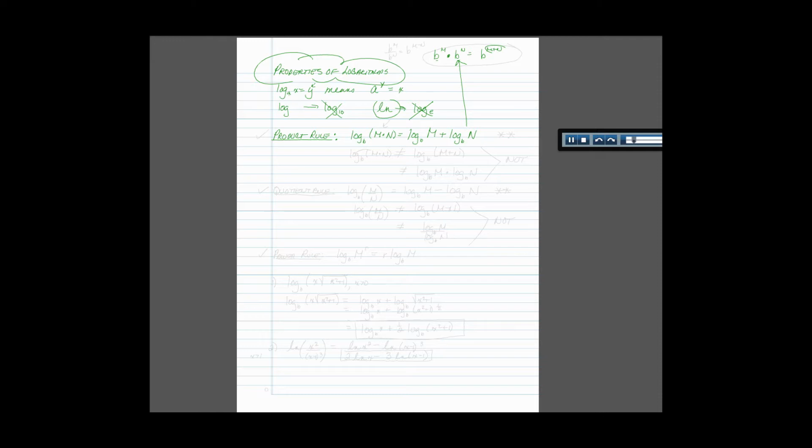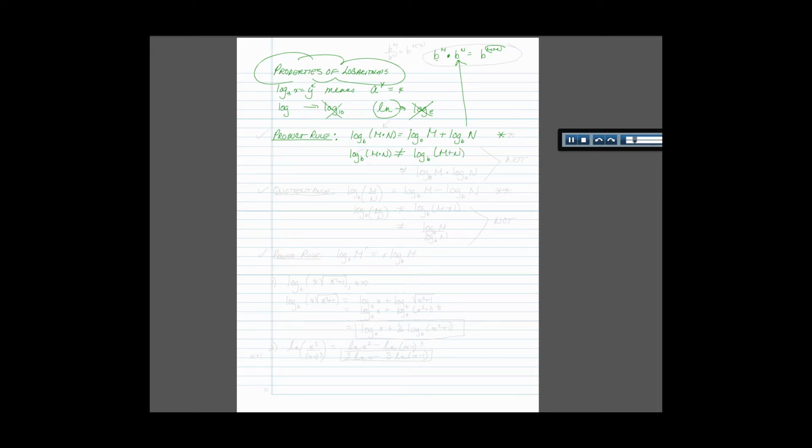property, the product rule. Now you have to note there are a couple of things it doesn't equal, and it's tempting to do this, so you have to be sure that you understand what that looks like. So let's look again. The log base b of m times n, here's what it doesn't equal. It's not the log base b of m plus n. That doesn't make sense.